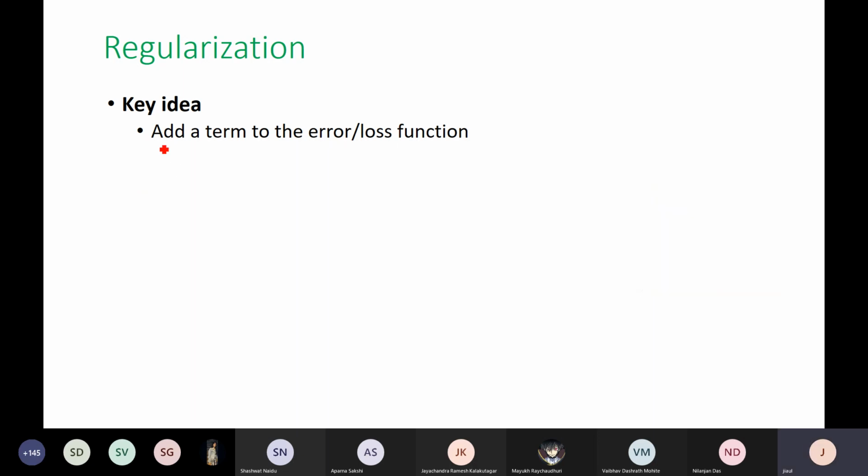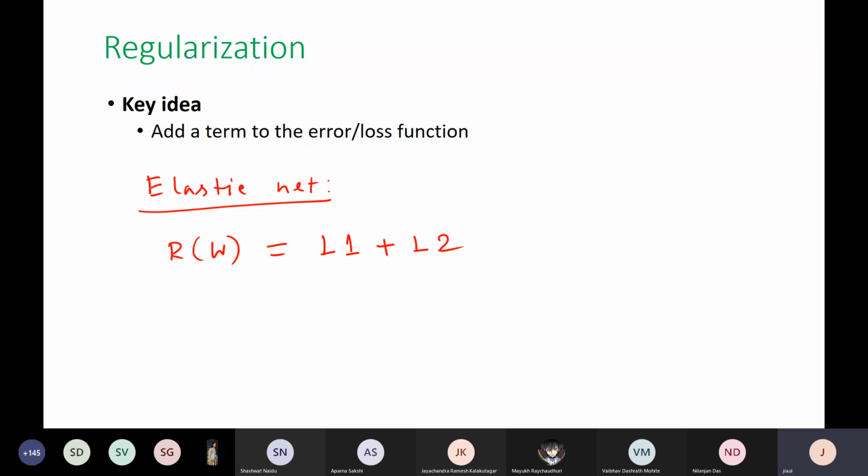I'm not writing down the full expression here, but you have L1 plus L2, and that is it. So these are some of the well-known things that you can use, but modern deep nets hardly use all these things. They can probably be used in some other places, but deep nets have other things that we will see in a moment.